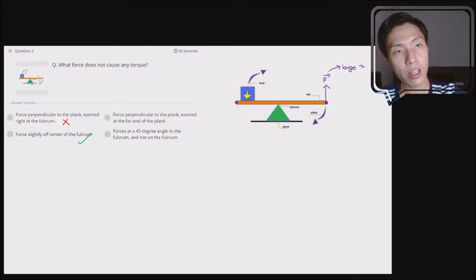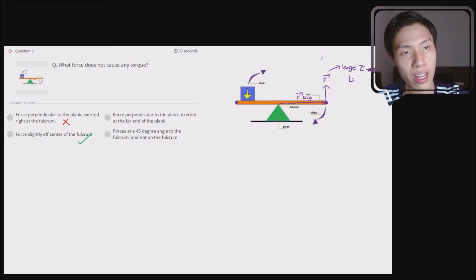Why should you expect a large torque over here? Because the perpendicular distance away from the axis of rotation is large. So if this is big, then of course your torque will be large, because you have a large R, therefore you should expect a large torque being produced.